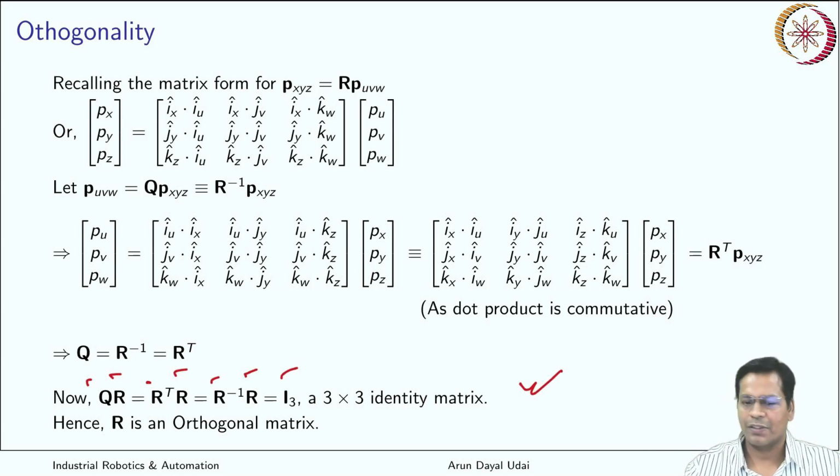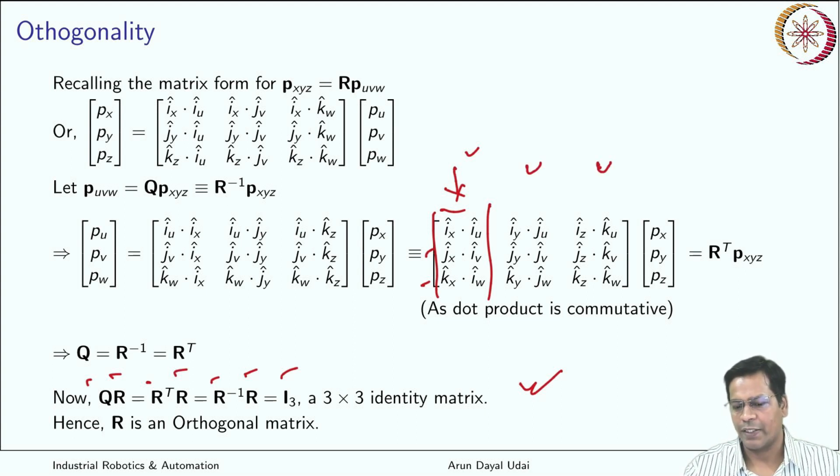And you will observe also that in rotation matrices, each of the columns, because they are projections of unit vectors along x, along y, along z, is a unit vector. So this is the projection of i along x, j along y, and this is k along z.